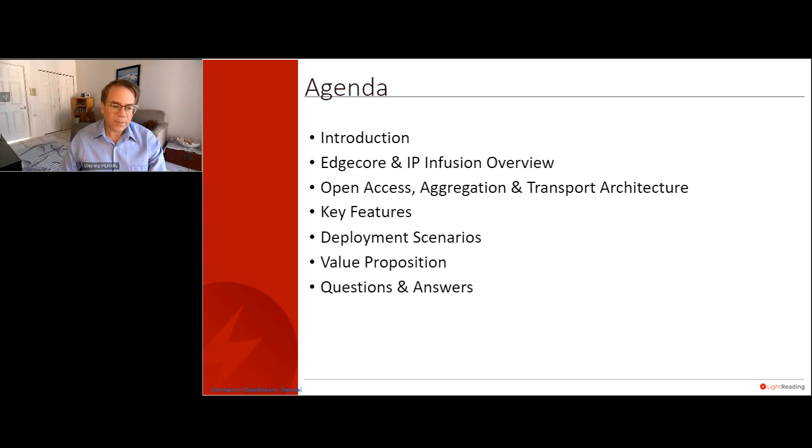And then we'll move through our topics: open access, aggregation, and transport architectures, looking at key features for this area, a few deployment scenarios, use cases, or case studies, actually, and then ending with the summary of the value proposition. We should have about 10 minutes for questions at the end, so please do ask the questions electronically throughout. We'll gather them up and get to as many as we can. And we also have two poll questions today, so looking forward to your views on those.